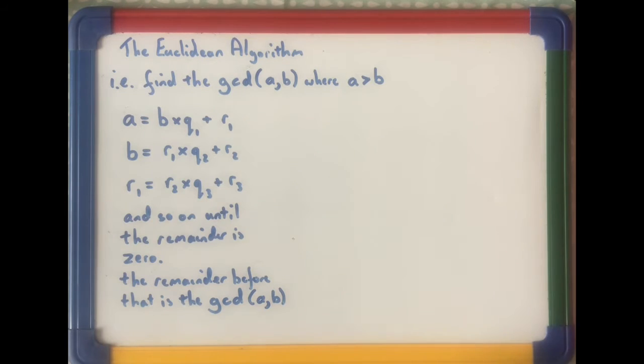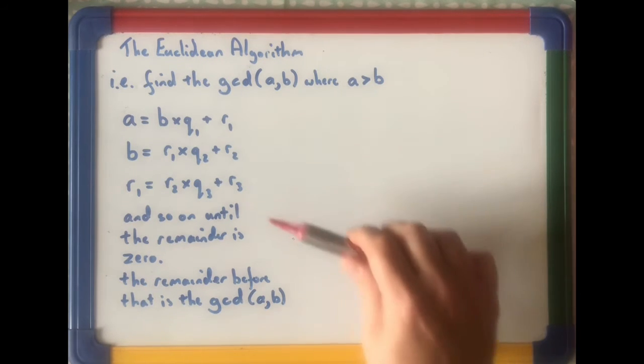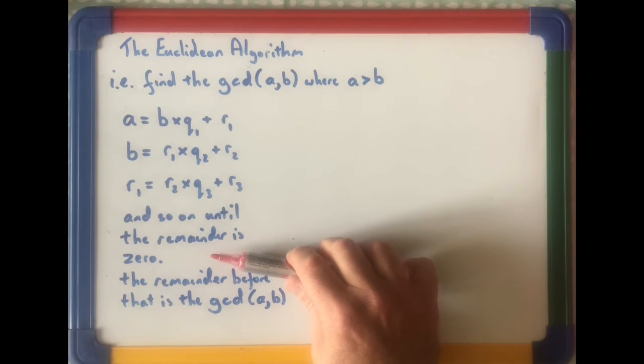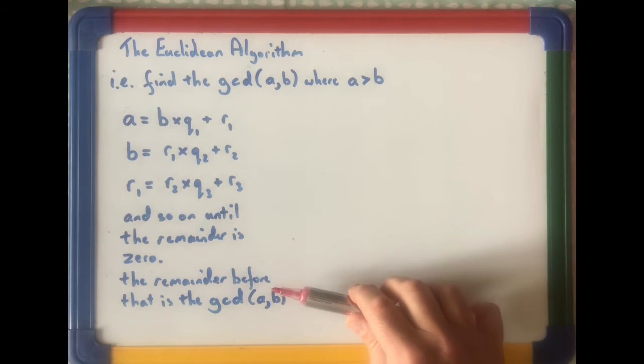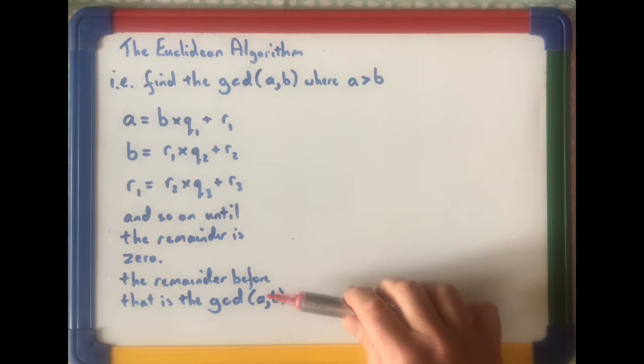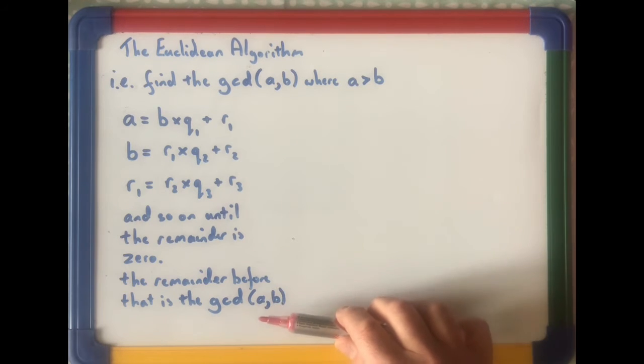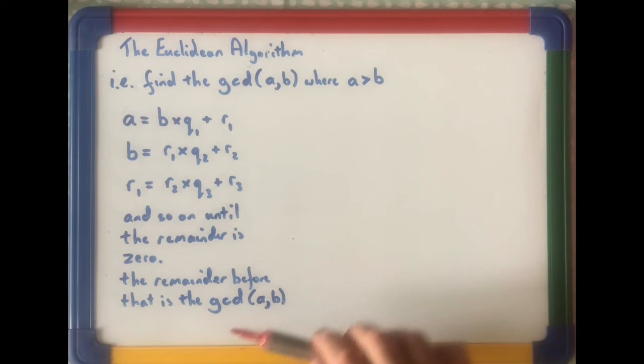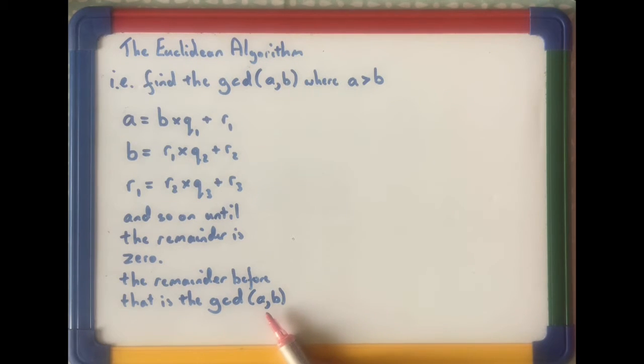It'll become a bit clearer when we do an example, but you keep doing that until your remainder is 0. When you've got 0 as a remainder, you go back one, because the remainder before the 0 remainder is your greatest common divisor. Okay, let's do an example.